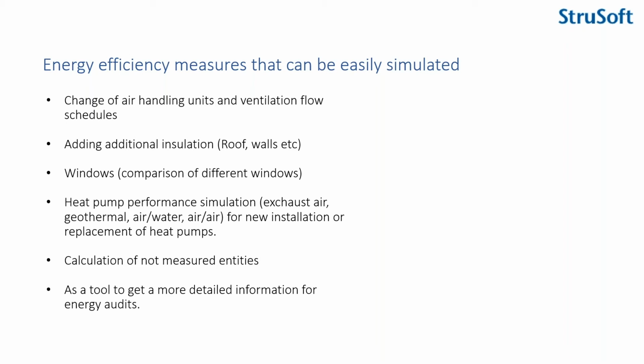And we can simulate heat pump performance. That could be exhaust air heat pumps, geothermal, air to water, air to air. And we can, of course, do this for a new installation, or we can replace an old heat pump and see what the benefits would be.